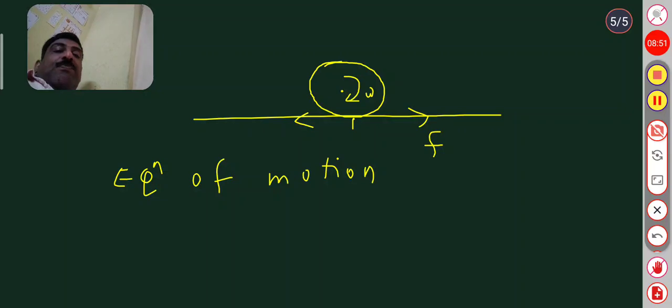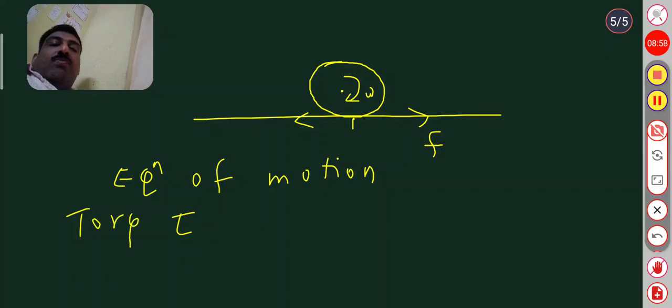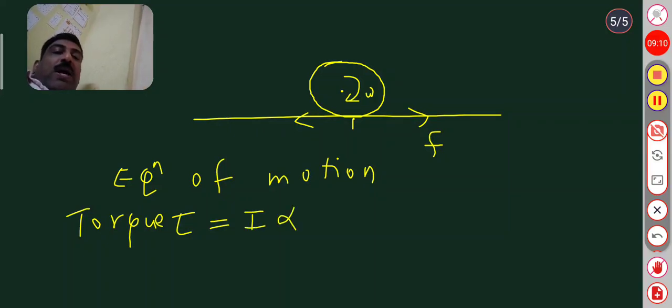It is the torque which is acting. Torque is given by I into alpha, right? And which is equal to minus force into perpendicular distance. So force into perpendicular distance is the radius, isn't it?